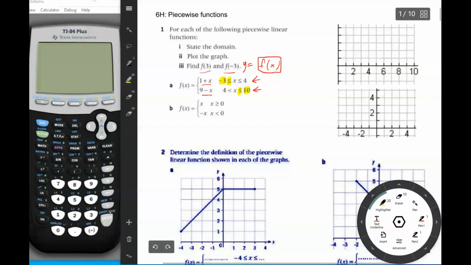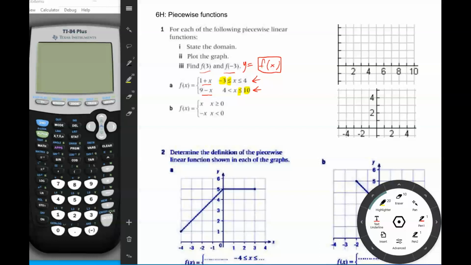If you put 4 into this one, you get 5, because 1 plus 4 is 5, and 9 minus 4 is also 5. So usually with these piecewise functions, the point at which they meet gives you the same y value, so it's actually the same point, so it doesn't really matter if it's the first function or the second function at x equals 4. But it just has to be one or the other, not both.